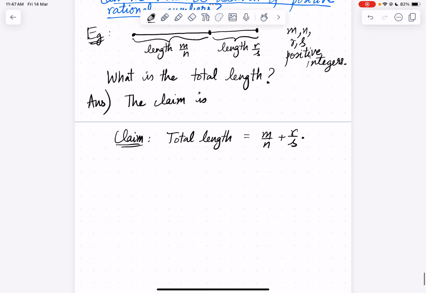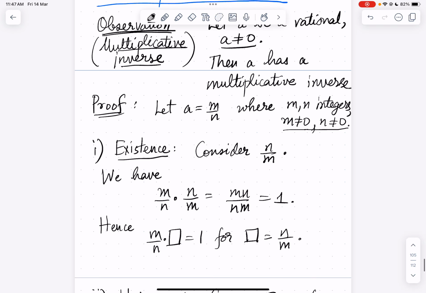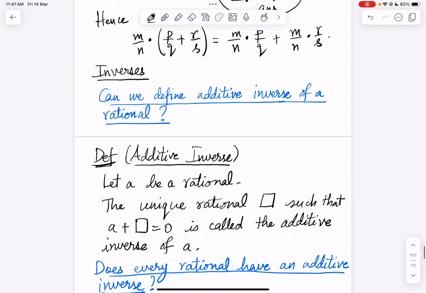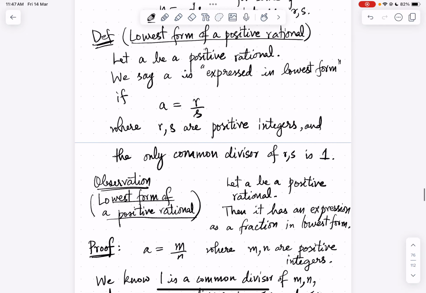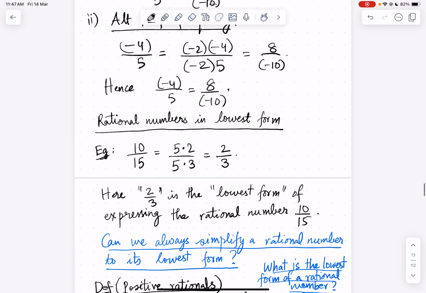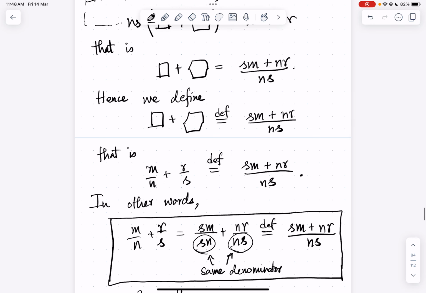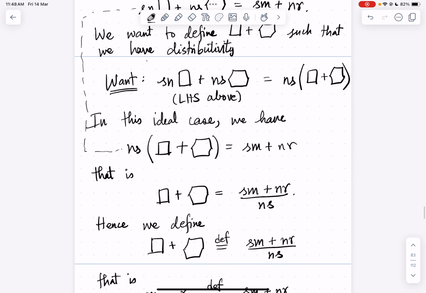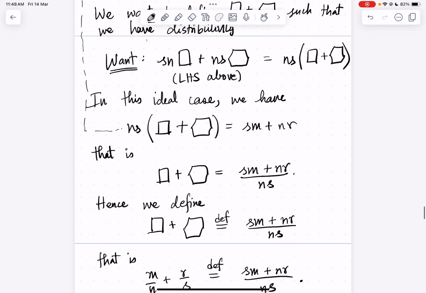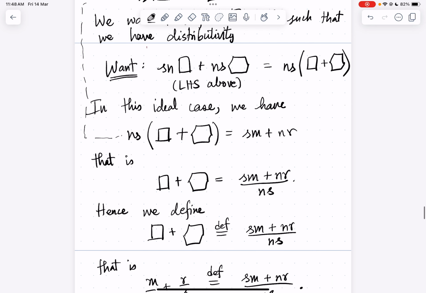Note that we defined m by n plus r by s so that we had a specific kind of algebraic convenience. We had a specific kind of distributivity.